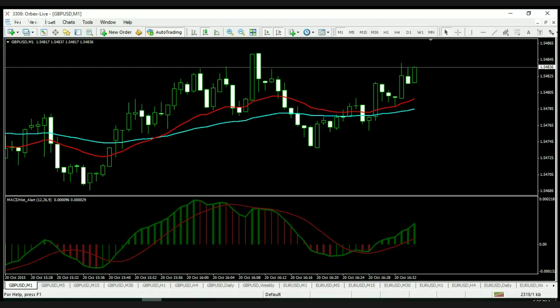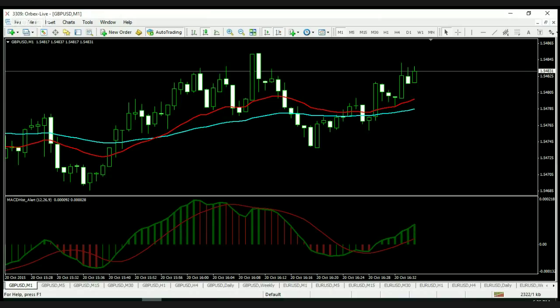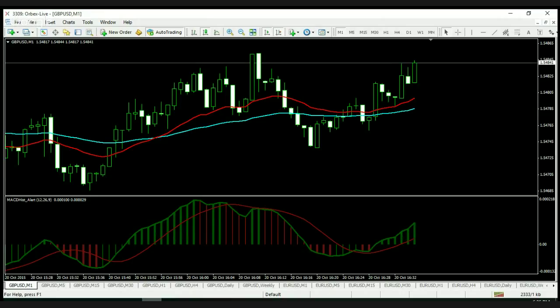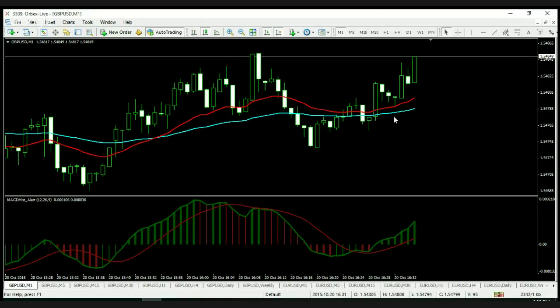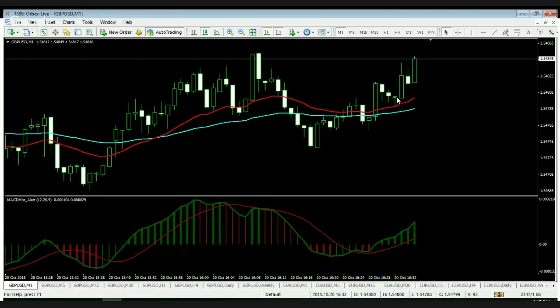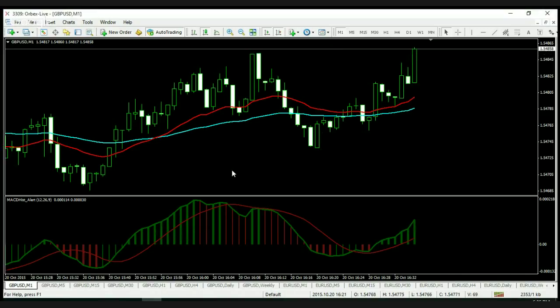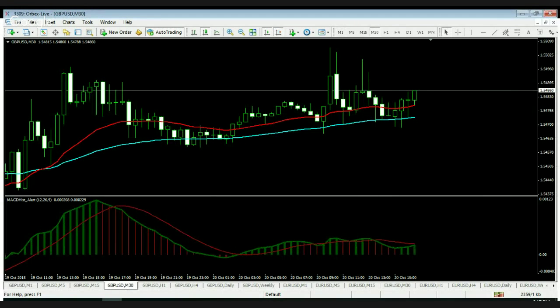And if we can do it consistently in 12 months, we can turn $200 into $1 million. That will be our idea. 54799. Okay, it has moved up, and that's it. It has gone above.